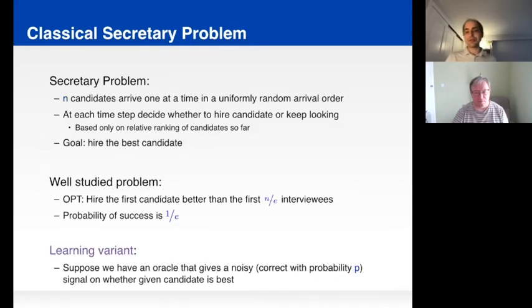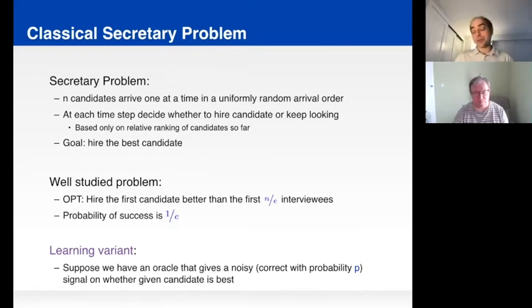Now, if I do a learning variant and ask, how can I go beyond 1 over e? Maybe somebody tells me something additional. So I get a noisy oracle that says, is this candidate the best one you're going to see or not? This noisy oracle might come in the shape of a recommendation letter, where somebody writes and says, this is the best person on the market this year.